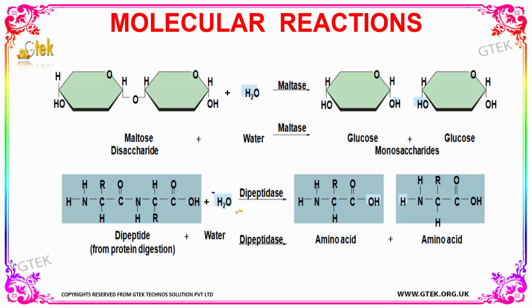Your 2 hydrogen and 1 oxygen is added over here in this region, as you can see, as OH and H. So this is your dipeptide from protein digestion with water in the presence of dipeptidase will produce amino acids.